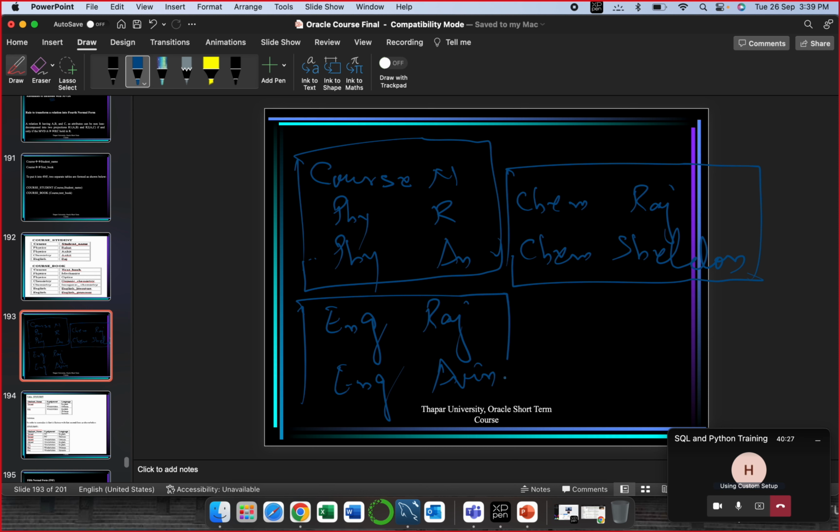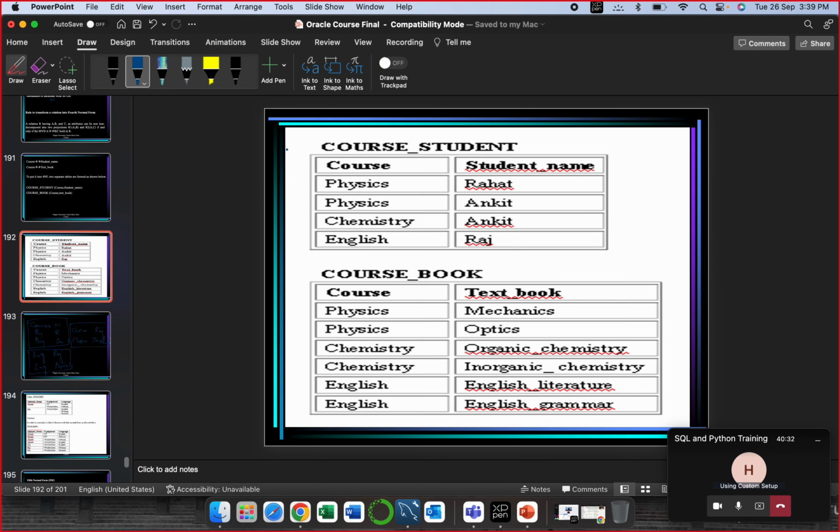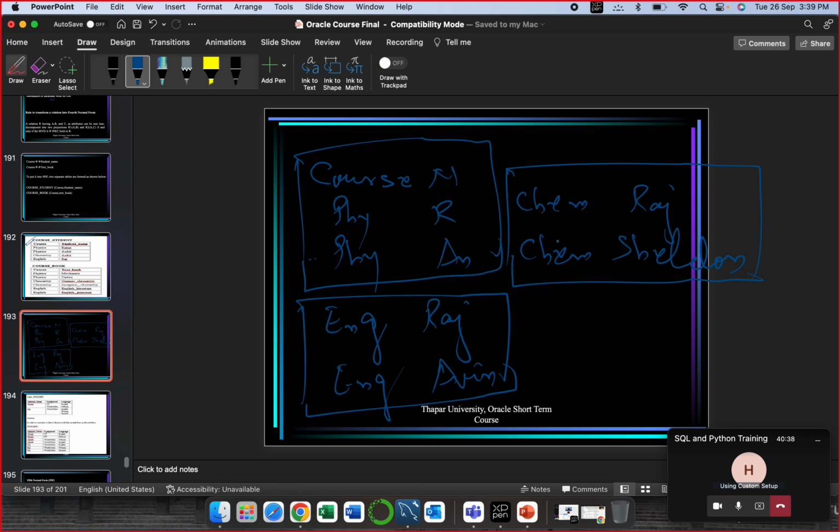From which table? From the course student table. I have divided this table based on the courses into three different tables. Let's say this is the physics course, this is the chemistry course, and this is the English course table.